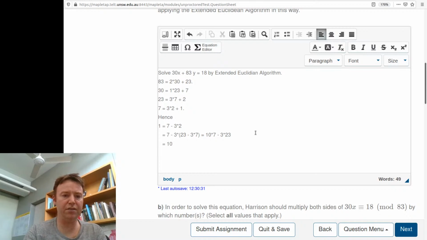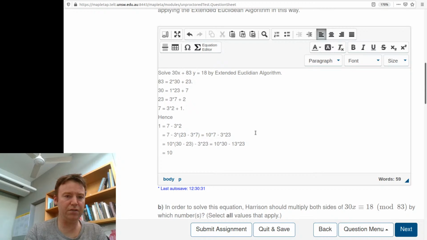That's 10 times 30 minus 23 minus 3 times 23. Which is equal to 10 times 30 minus, how many 23s have I got? I've got negative 13 of them. And now I can get rid of the 23.